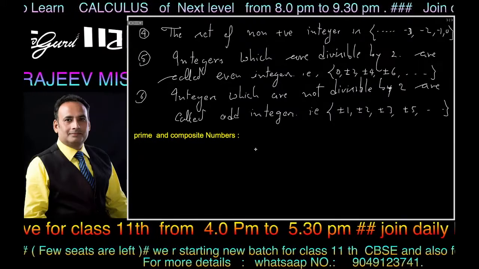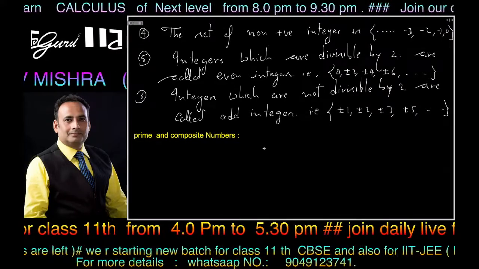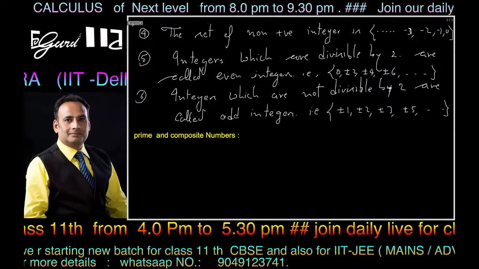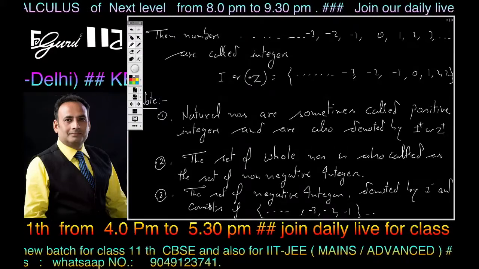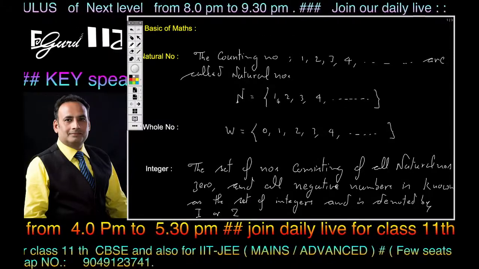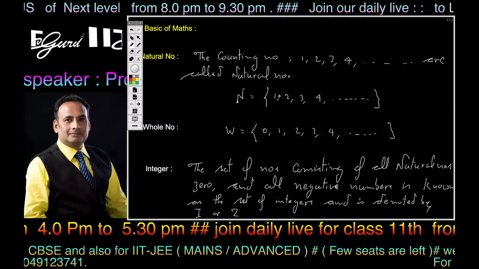If you see over here, prime and composite: the set of natural numbers consists of unity, prime and composite numbers. In the set of natural numbers, what are the numbers? Here is 1, the number 1 is also there.